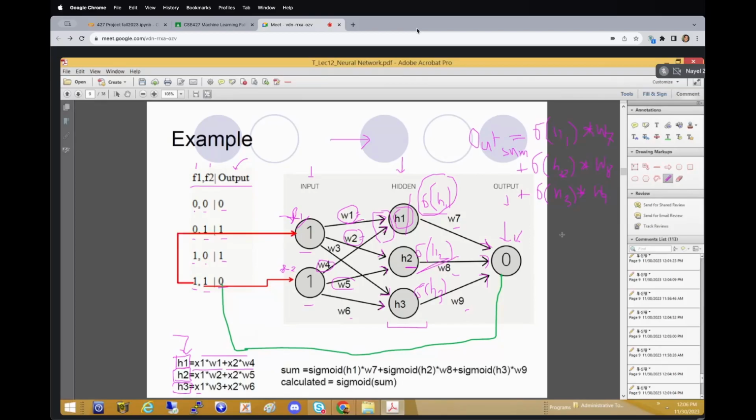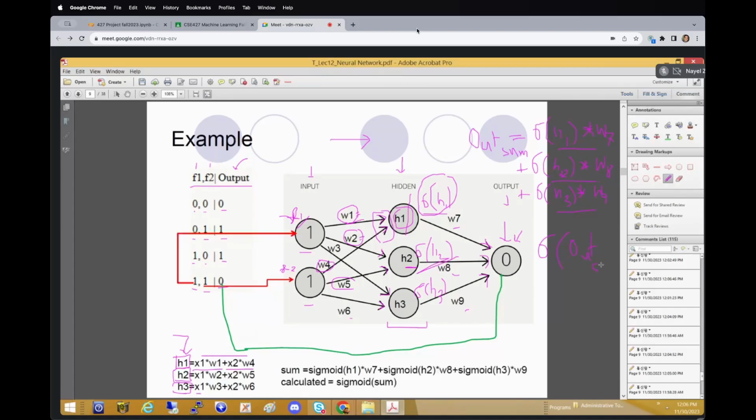So now we got the output sum. And here we can see that again we got it from a linear combination of those values, a linear relationship. So this output sum, now what we have to do is pass it again through some activation function, like the sigmoid of the output sum.